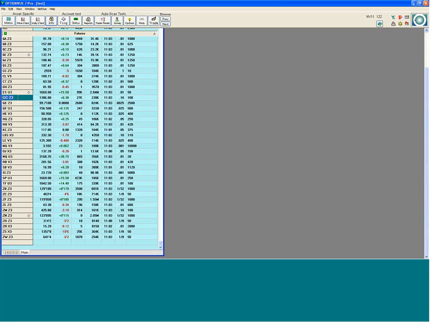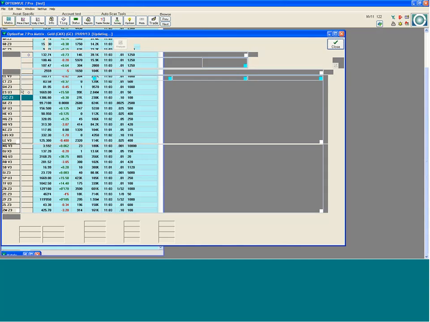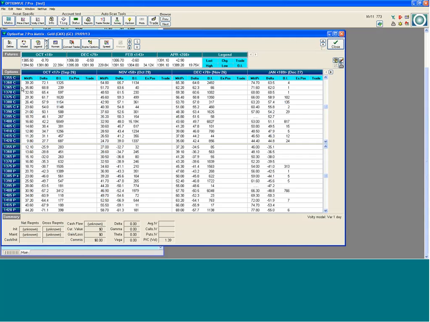So I'm going to pull up, first of all, the matrix for the gold contract. And what you're looking at now is October, December, February, April futures contracts. You can see what their prices are. They're pretty close to one another. And then we've got a whole array of options that are available to be traded.